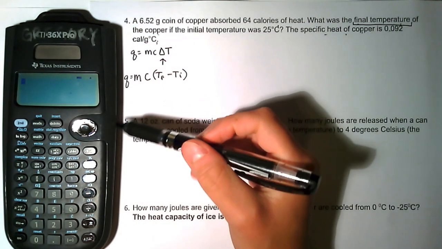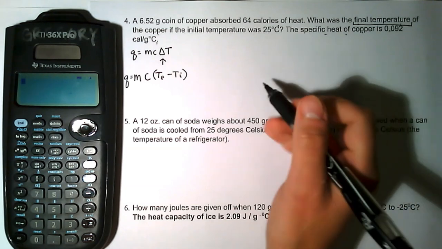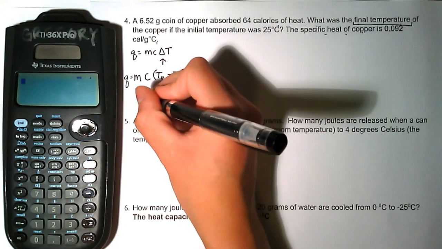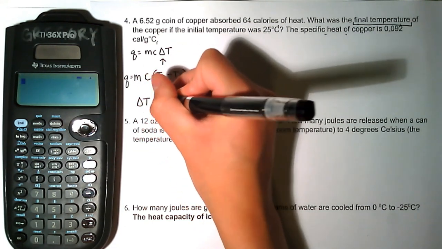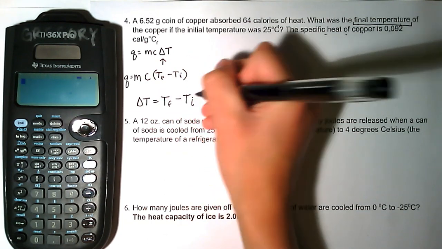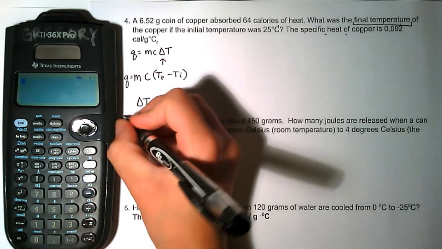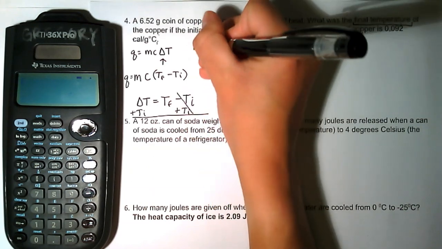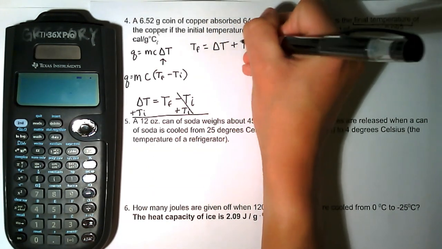So we can do this algebraically, but the other option is to just find our change in temperature, and then at the end we'll take our delta T value and rearrange it as T final minus T initial. So we'll add T initial to both sides, and we'll get T final equals delta T plus T initial.